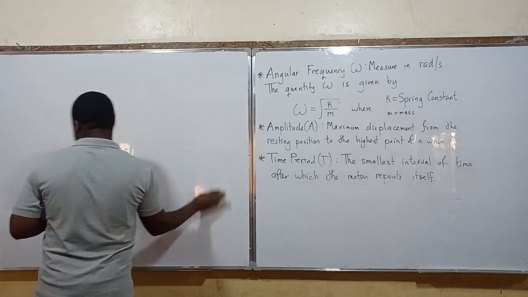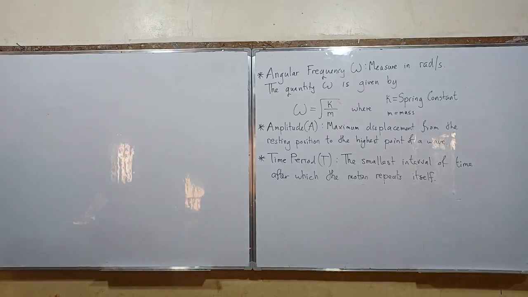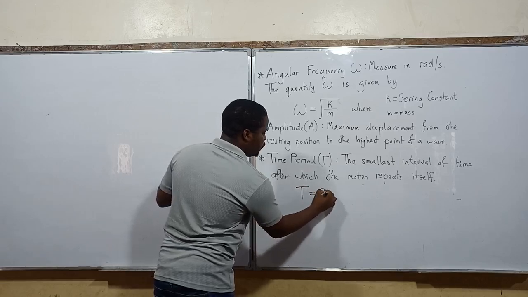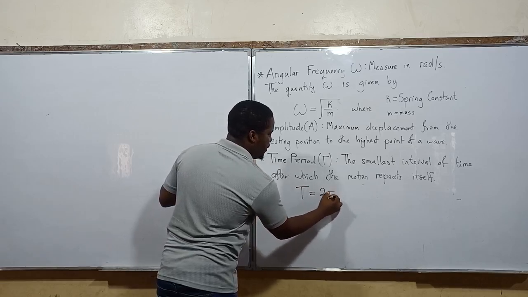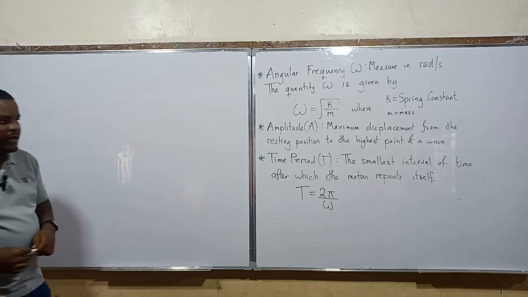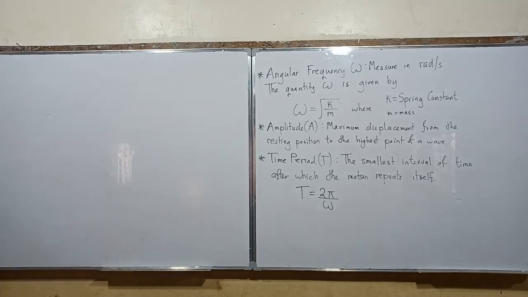Let's look at frequency. Okay, before we do frequency, let's just do this. On the same time period: period is equal to 2 pi over omega.